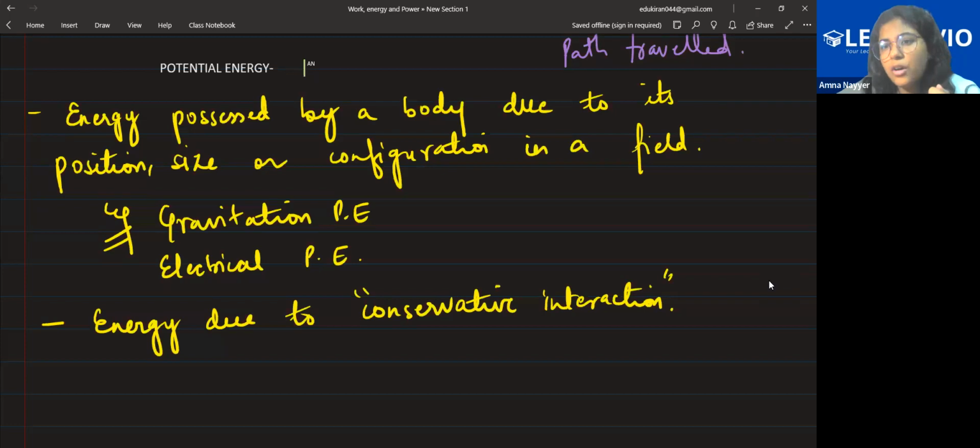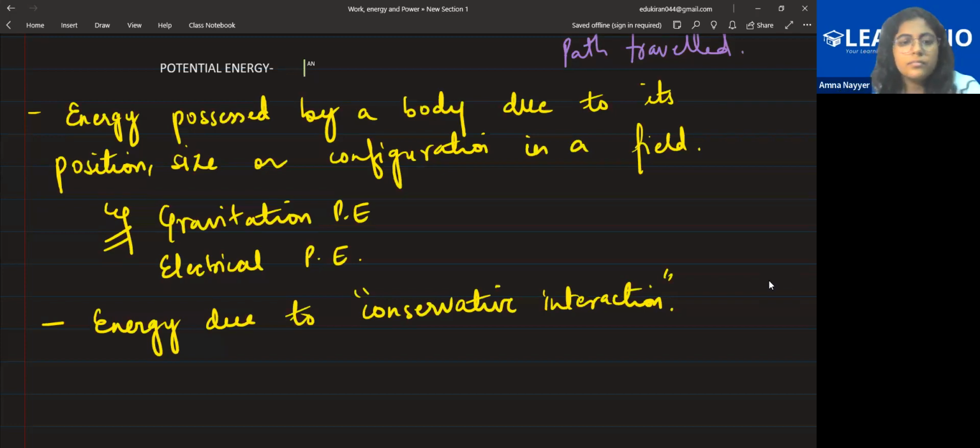What is meant by potential energy is a different topic, I'll come to this again. Understand how to identify potential energy. Potential energy is basically identified by seeing if two objects are able to interact with each other. If two objects are able to interact with each other, then we say the potential energy is present.